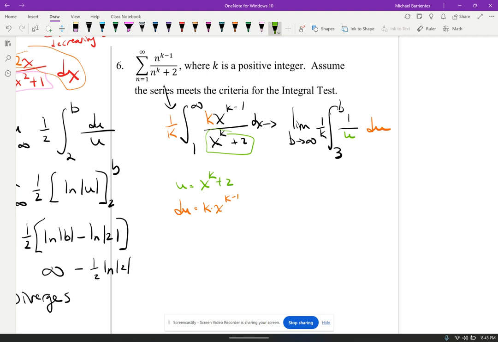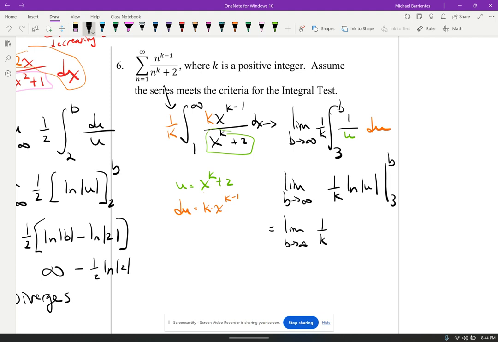Awesome, the antiderivative. So we're going to take the limit as b approaches infinity of the antiderivative of this, which would be natural log of the absolute value of u. We're going to evaluate that at 3 and at b, not in that order. So this will be the limit as b approaches infinity.